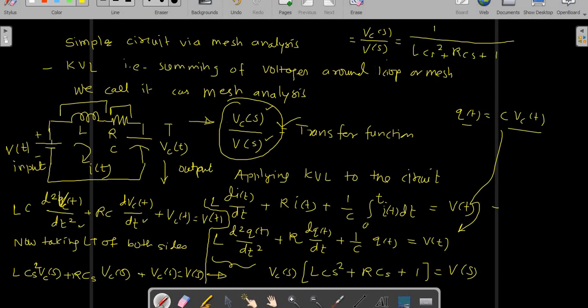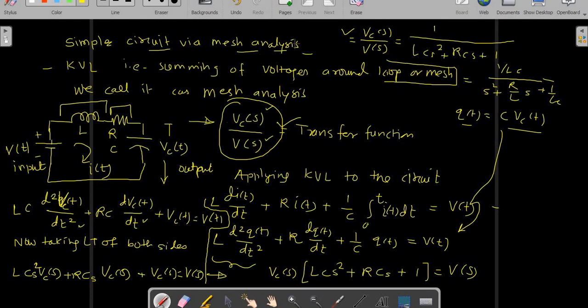Taking LC common, this is (1/LC)/(s² + (R/L)s + 1/LC). So this will be the transfer function. Is it clear? So what we have obtained is the transfer function of the simple circuit via mesh analysis.